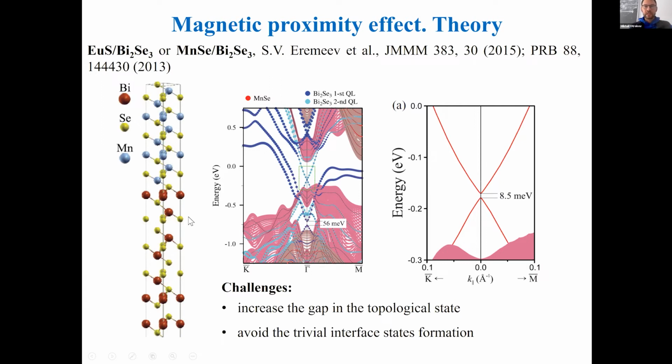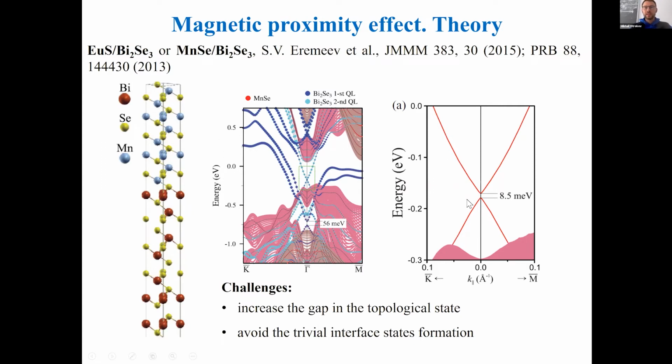The result was that apart from the Dirac cone, which survives, now it is a topological interface state, not surface, there are trivial interface states that appear due to the strong interface potential arising because we contact two systems that are too different. One is the block layered van der Waals material, the topological insulator bismuth selenide, and another one has nothing to do with van der Waals coupling. The composition is different, the stoichiometry, etc. So there is a strong interface potential.